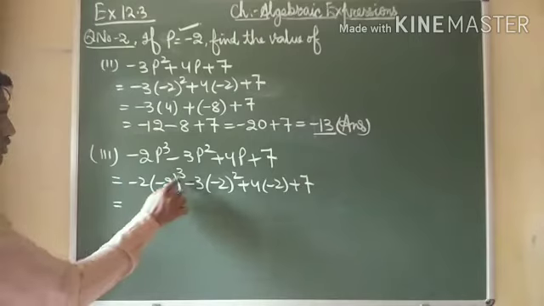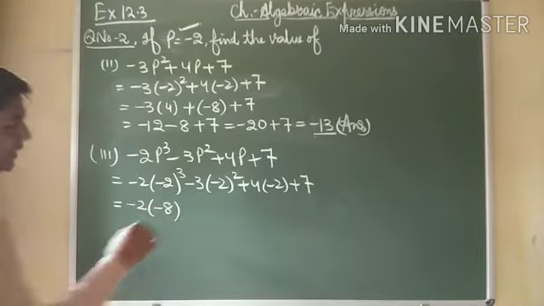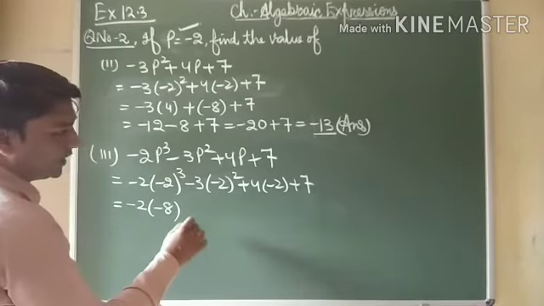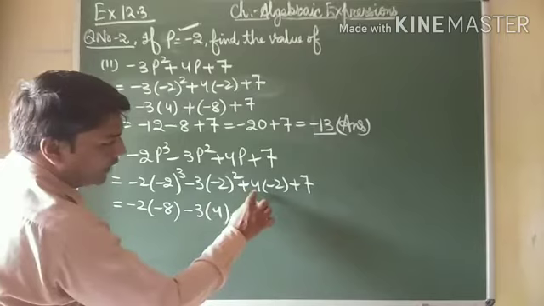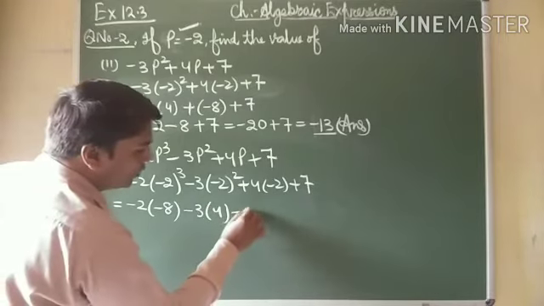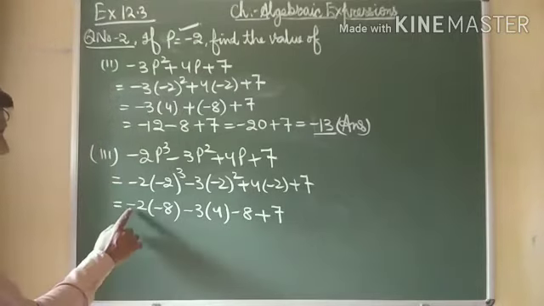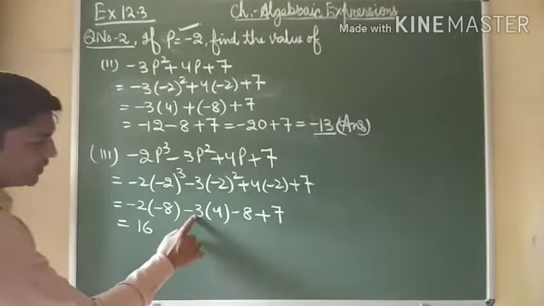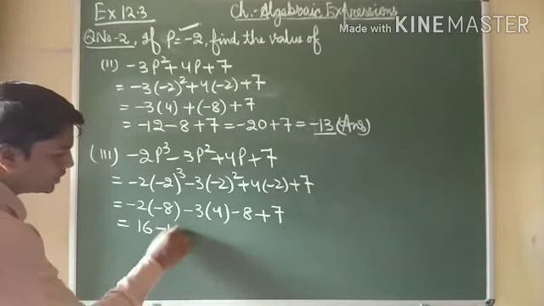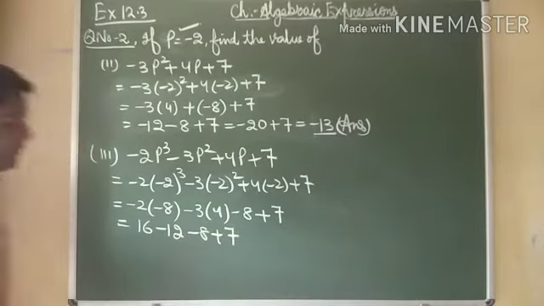Since minus 2 cube is equal to minus 8, it becomes minus 2 into minus 8, and minus 2 square is 4, so it becomes minus 3 into 4, and 4 into minus 2 is equal to minus 8 plus 7. Now minus 2 multiply minus 8 is equal to plus 16, minus 3 multiply 4 is equal to minus 12, minus 8 plus 7.